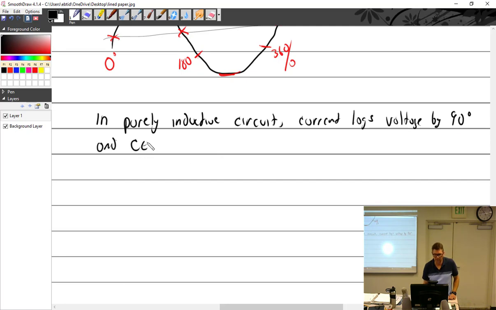And counter EMF is 180 degrees out of phase, which we already said before, out of phase. And if you can remember that, that's fantastic. If you can't, that's fine.